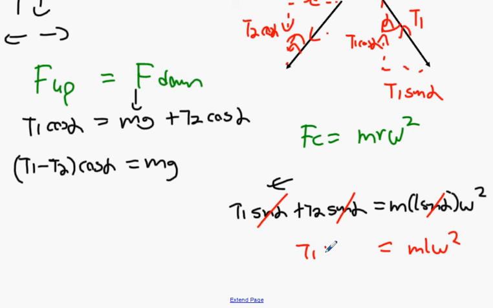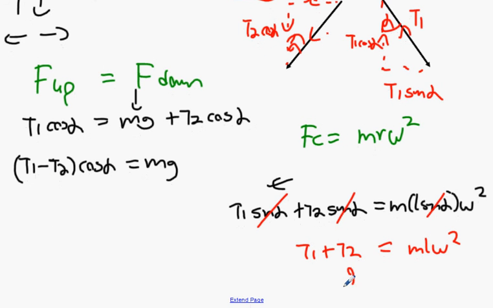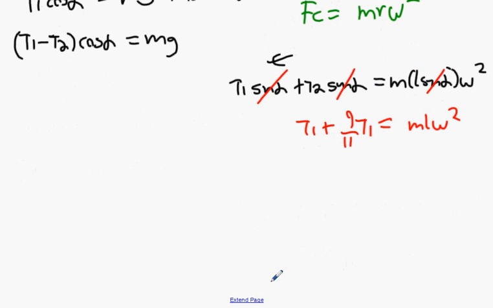Now, T1 plus T2. The next thing we could do is we've already got our ratio nailed down from earlier, don't we? T2 equals 9 over 11 T1. So 9 over 11 T1, replace that for T2. And what does that give us next? That's another variable down.